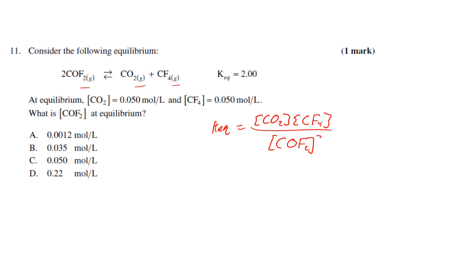This is squared because of the coefficient in front. Nothing else is squared. Plug in our values, it gives us KEQ. So KEQ is 2.00 equals CO2, gives us that, 0.05. Gives us CF4, which is also 0.05. And it says, what is this value?